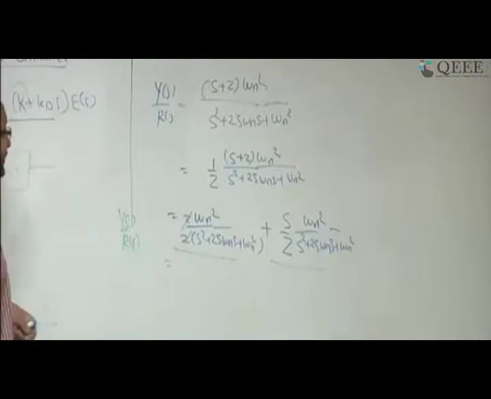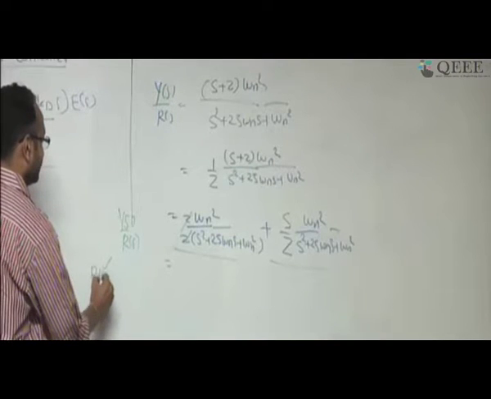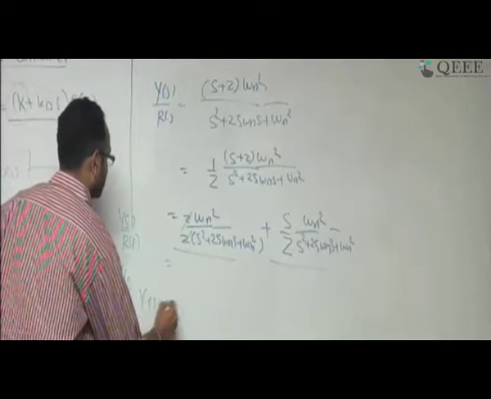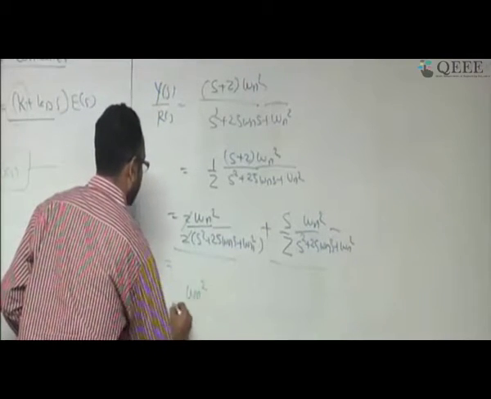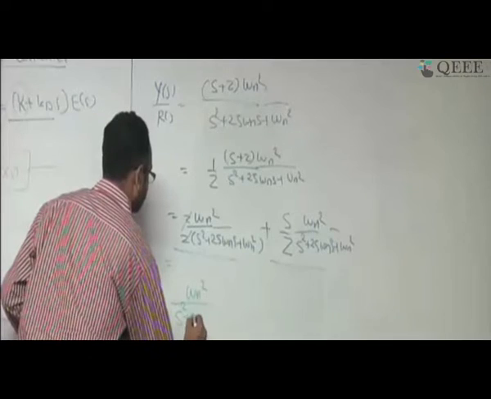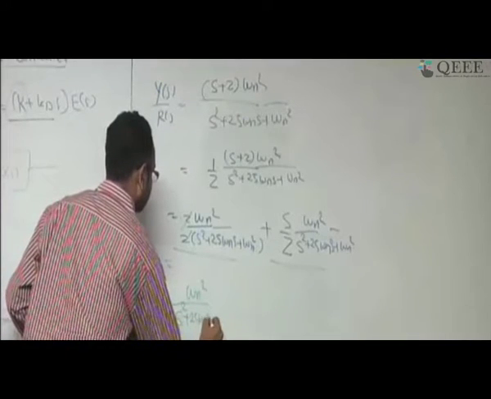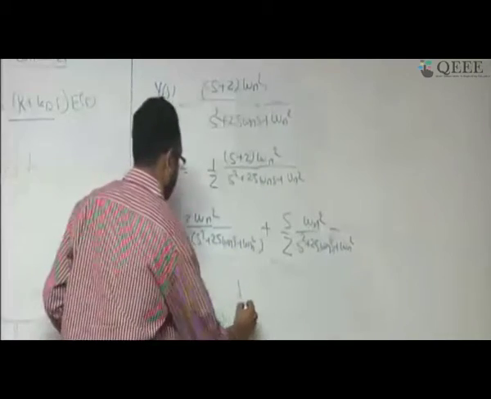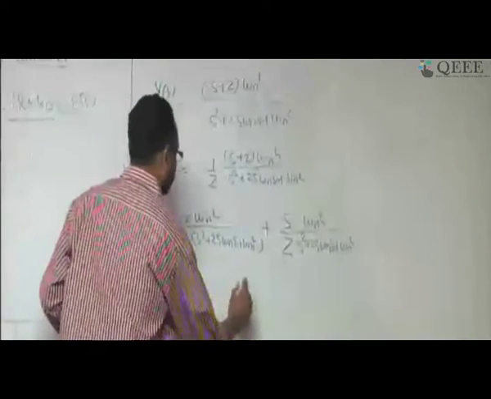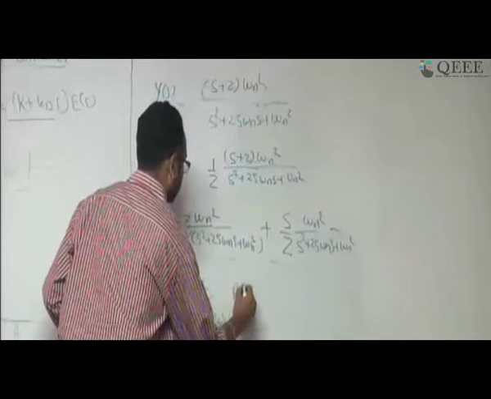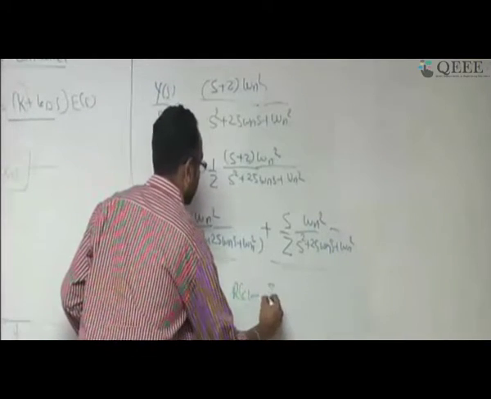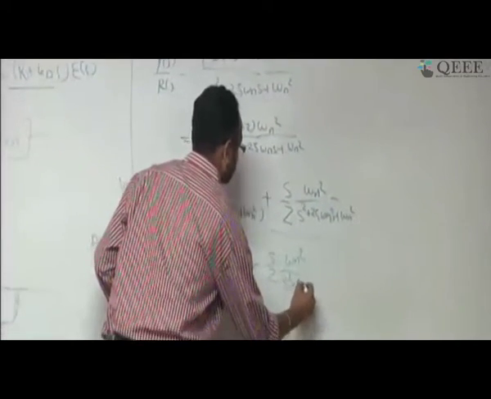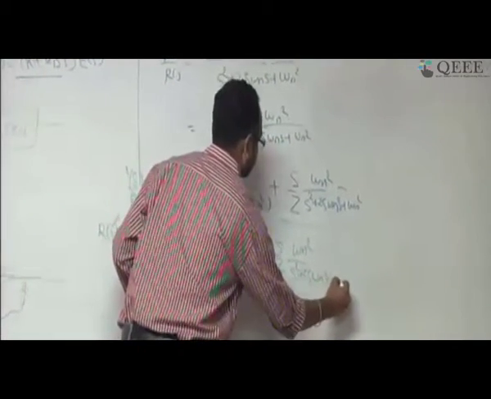Now if I want to see how this behaves for the unit step signal 1/s, I can write Y(s) as ωn² / (s² + 2ζωn s + ωn²) into 1/s, let me call this R(s) only, correct? Plus R(s) s/z ωn² / (s² + 2ζωn s + ωn²).